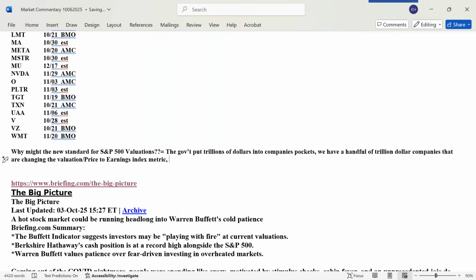And last but not least, my opinion, and this is kind of going out there a little bit, we've had stretched valuations for decades.